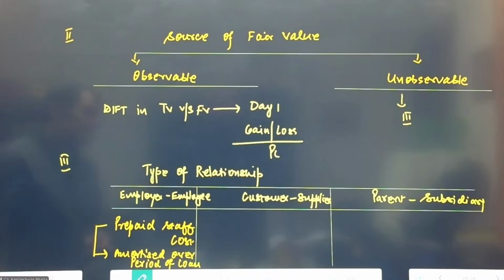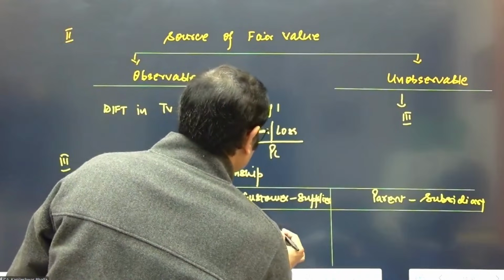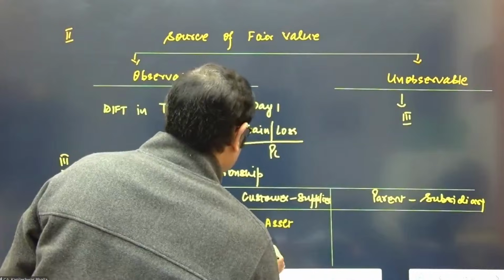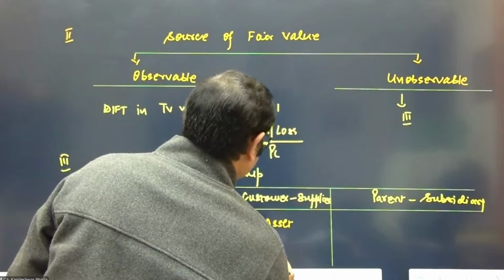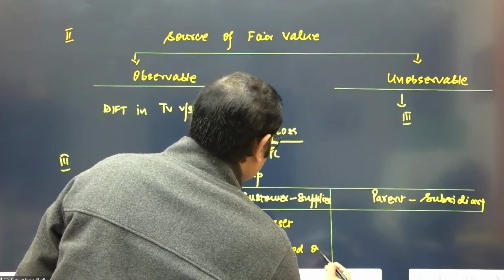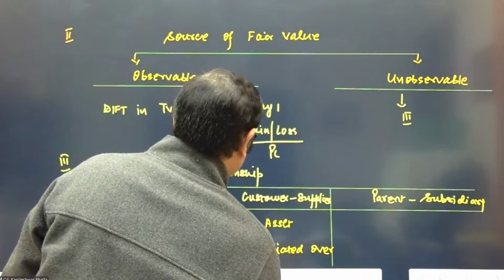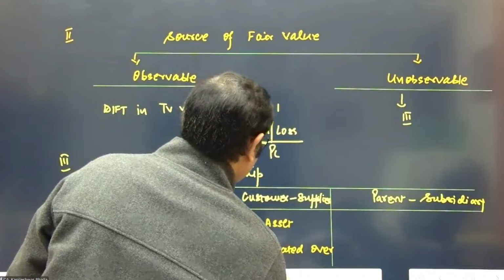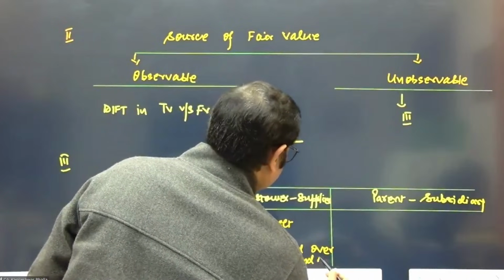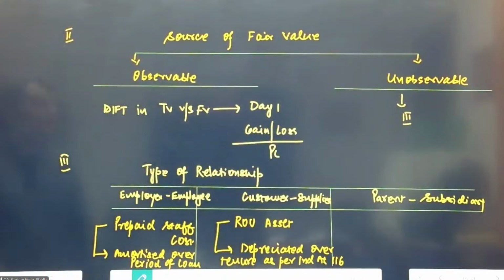And if it is a customer-supplier relationship, then it is treated as a right of use asset. This right of use asset is depreciated over the tenure as per Ind AS 116, because the tenure could be either the useful life or the lease term.